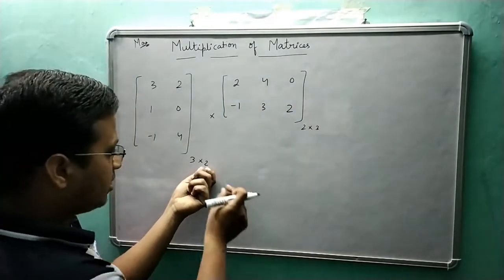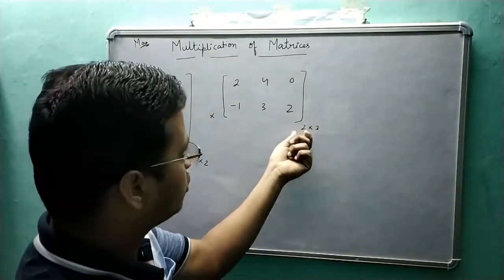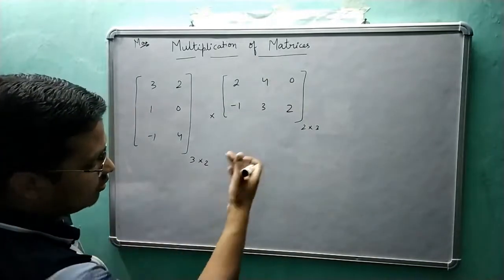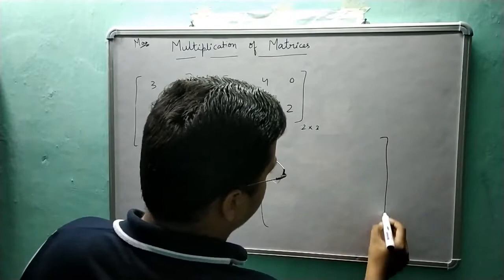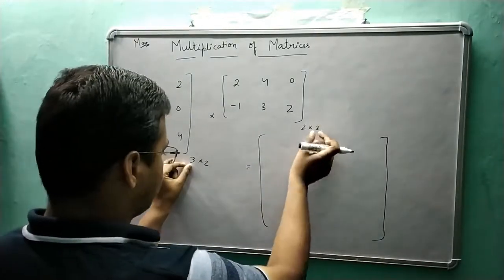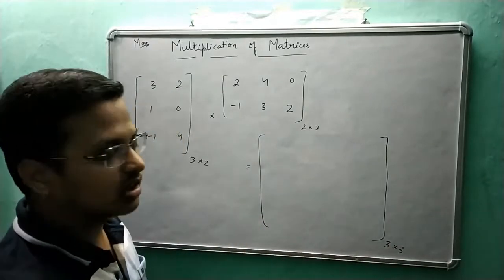As you can see, the number of columns of the first one is equal to the number of rows of the second one. Hence, we can multiply, and after multiplication, we will get our answer in matrix form of order 3 cross 3, so 3 rows and 3 columns.